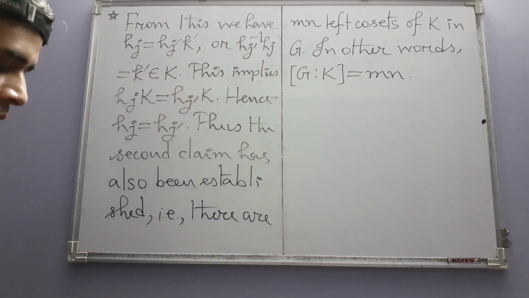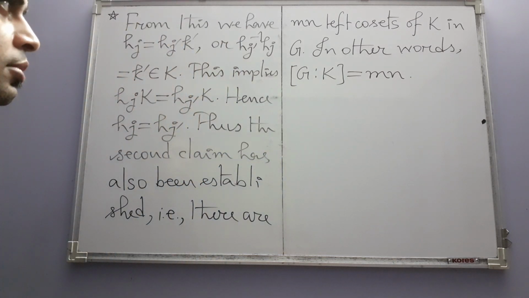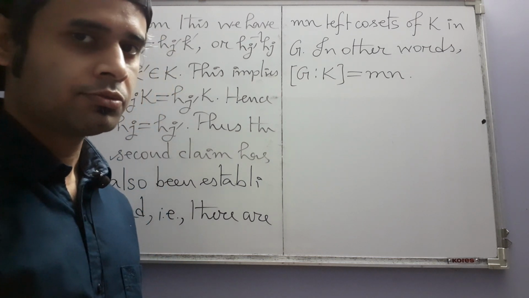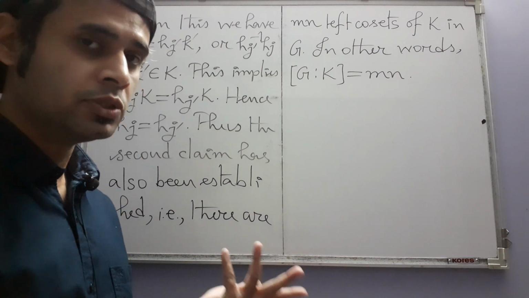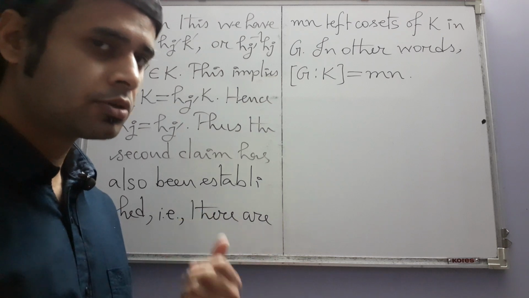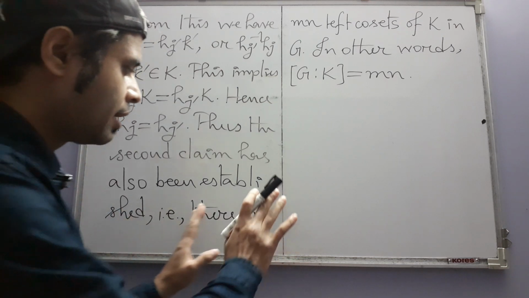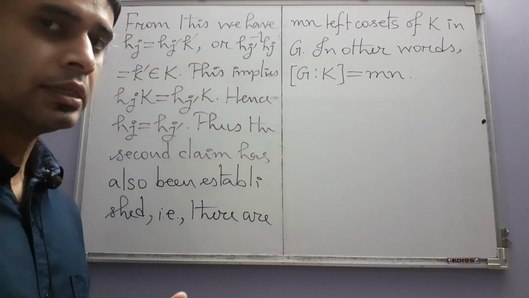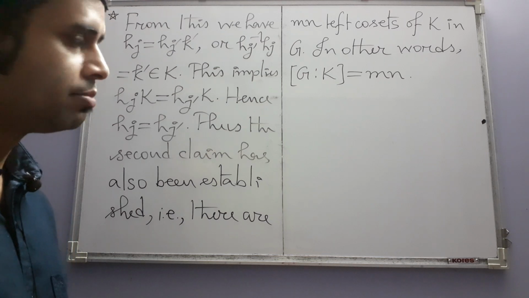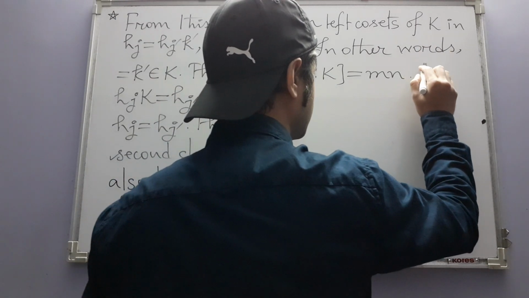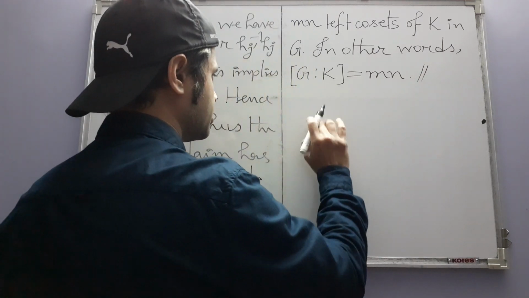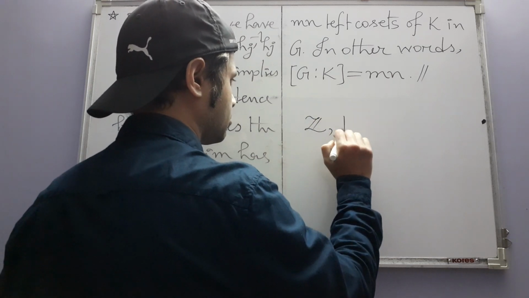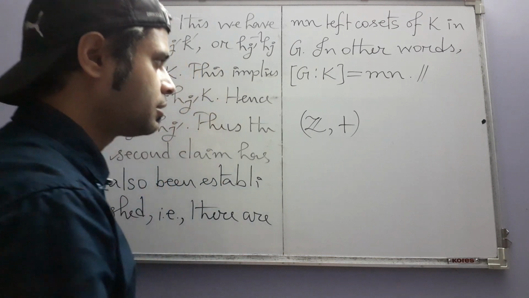And note that in this solution we have in fact nowhere used any finiteness of the group G, or in fact the subgroups K and H also. Nowhere have we used any such assumption that any of these three groups is finite. They may very well be infinite. For example, you can consider your group of integers under addition.